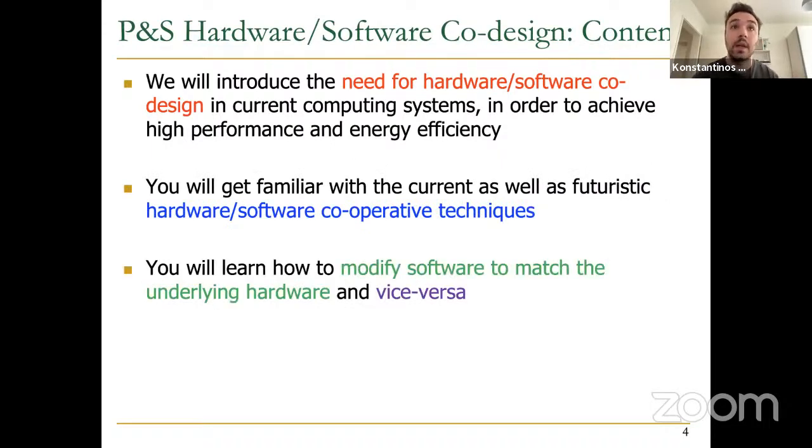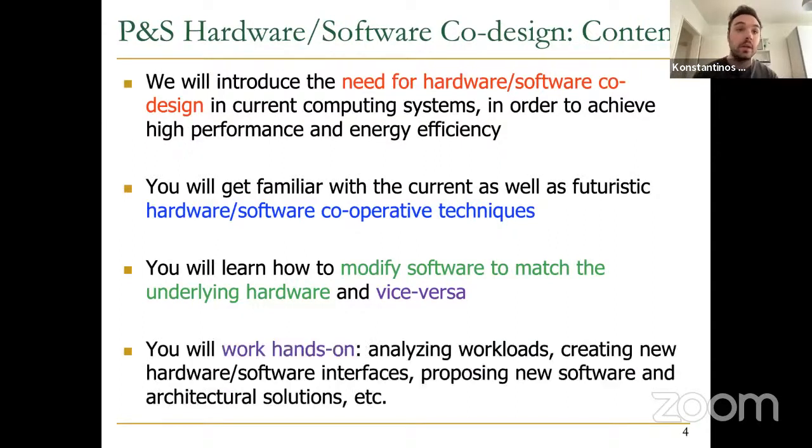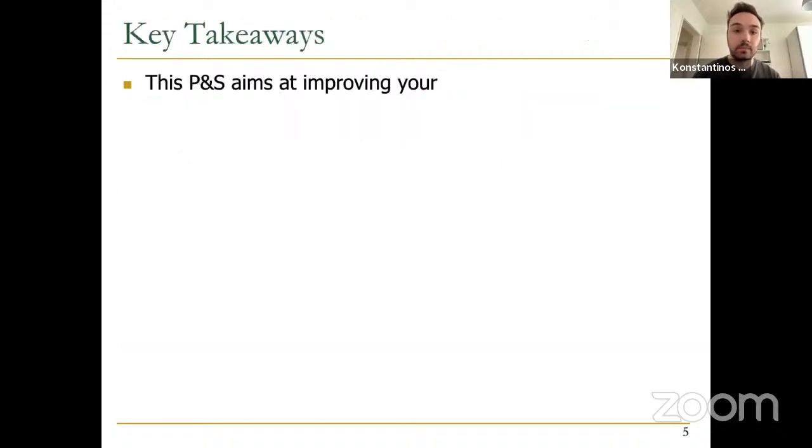You will also learn how to modify software to match the underlying hardware and, vice versa, how to design hardware for the appropriate software. And you will work hands-on analyzing workloads, creating new hardware software techniques, new interfaces, proposing new software and new architectural solutions.